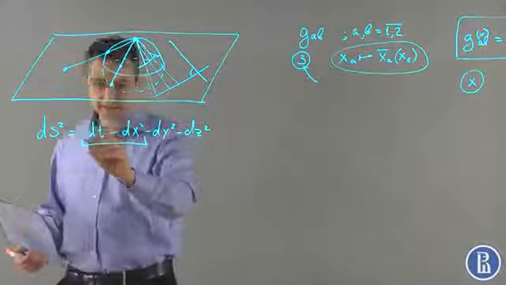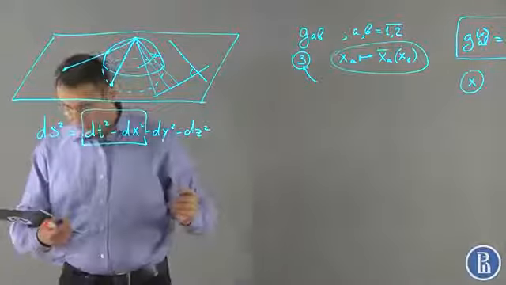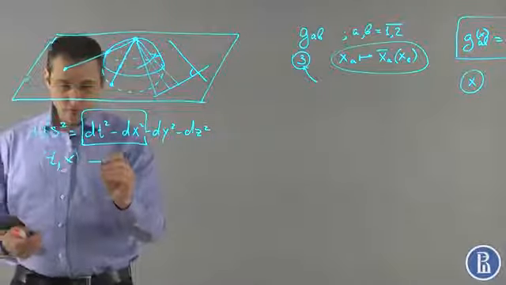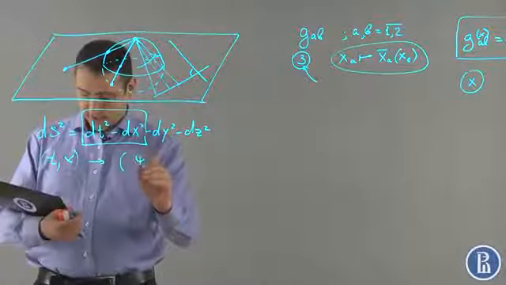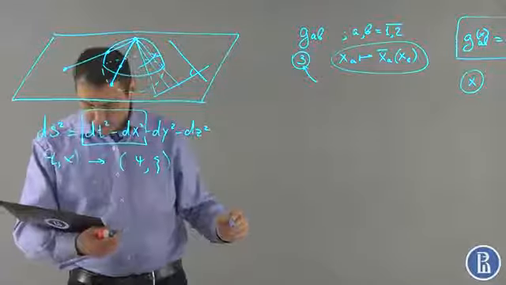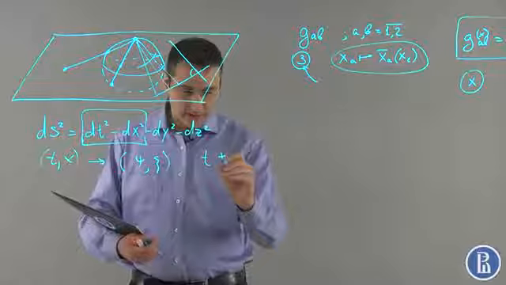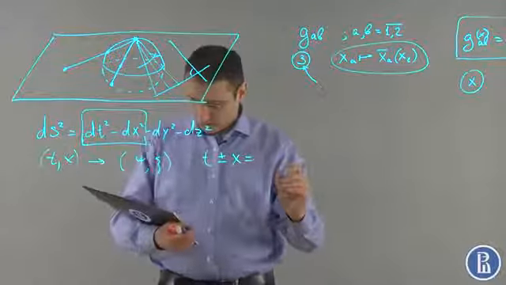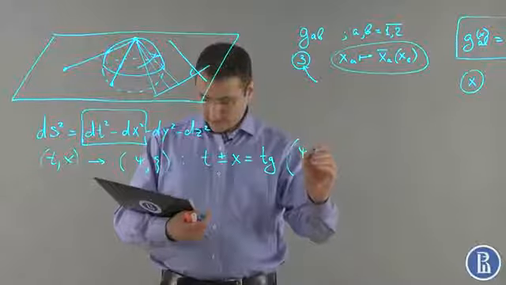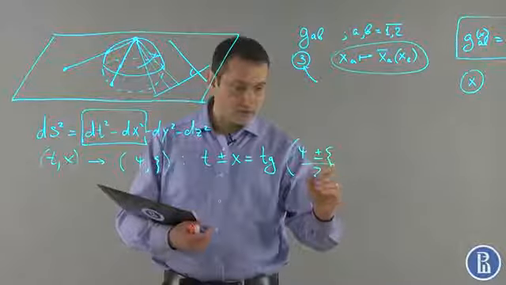Let us select it and make the following change of coordinates from t and x to new coordinates called psi and xi. The coordinate transformation has the following form: t plus minus x is equal to tangent of (psi plus minus xi) over 2.